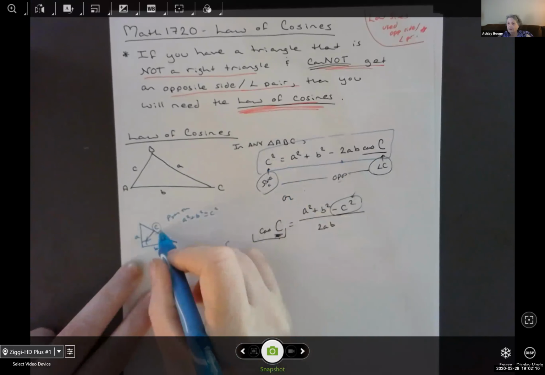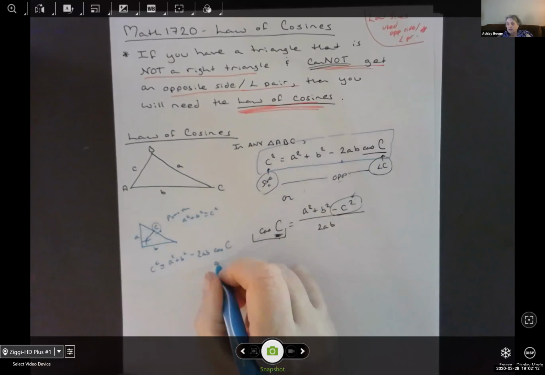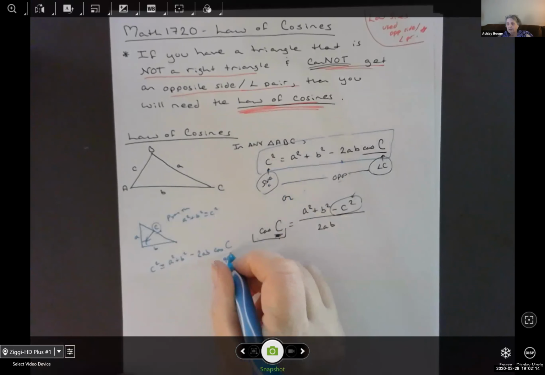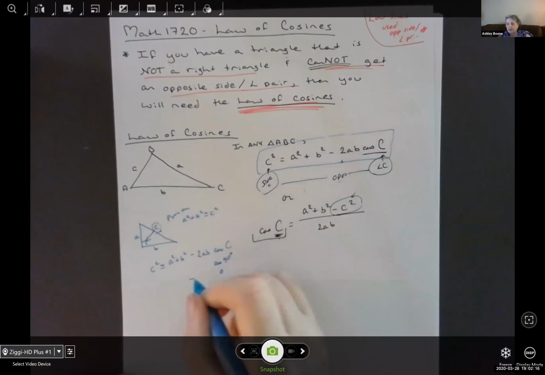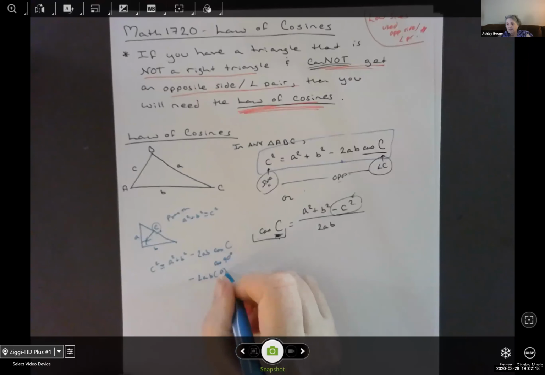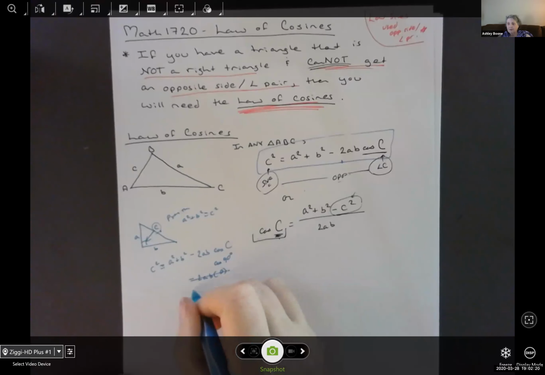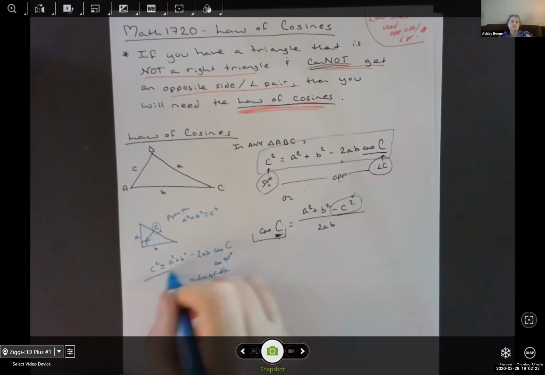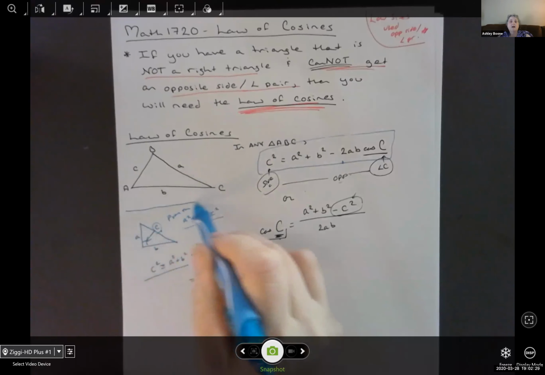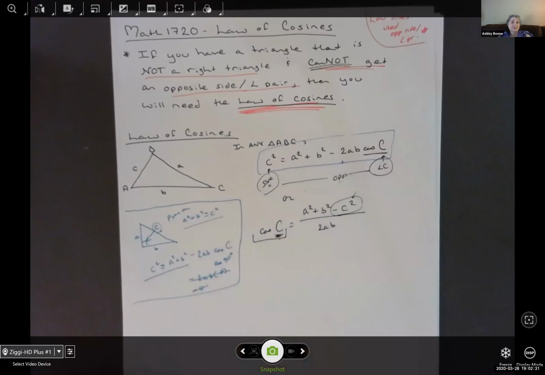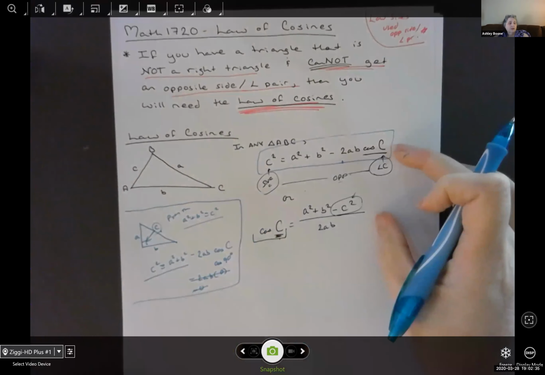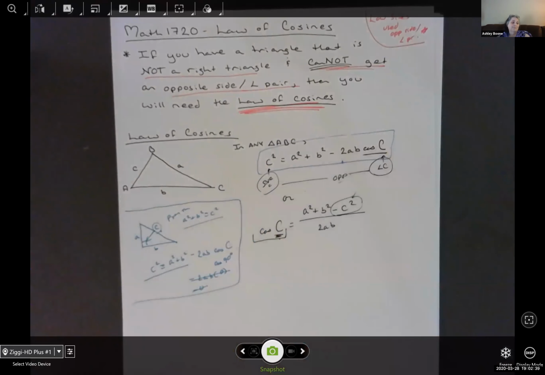Well, that's a 90-degree angle. Cosine of 90 degrees is 0. So we're subtracting 2 times a times b times 0. That's just 0. That leaves us with c squared equals a squared plus b squared, the Pythagorean theorem. It's just a special case of the law of cosines. But this is our law of cosines. These are the two forms that we're going to use as we go through all of our problems.